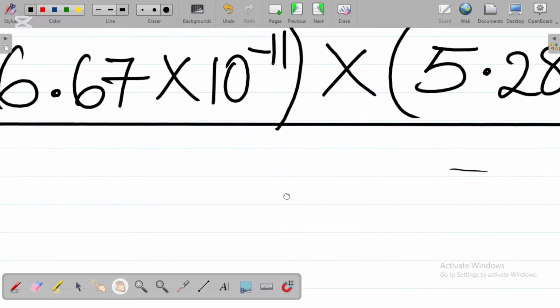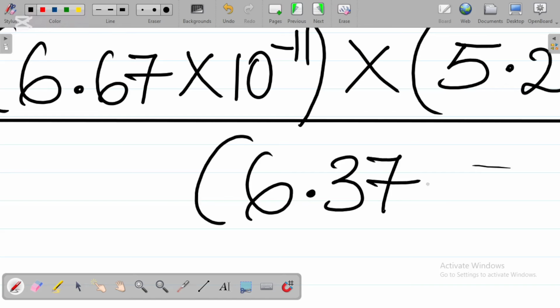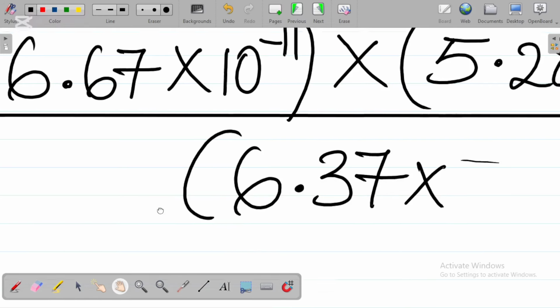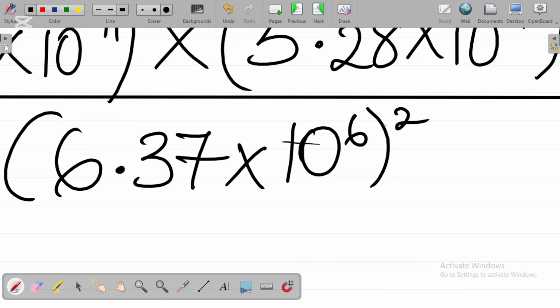All right, so they are all divided by the radius of the earth raised to power 2. So what's the radius? The radius is 6.37 multiplied by 10 raised to power 6, and then all raised to power 2.